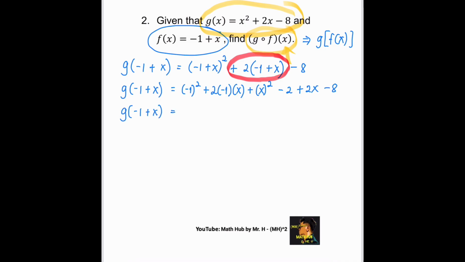We carry on simplifying. So negative 1 squared is positive 1. And here we have 2 times negative 1 times x is negative 2x. Plus, this is x times x is x squared. And we just simply copy the rest.